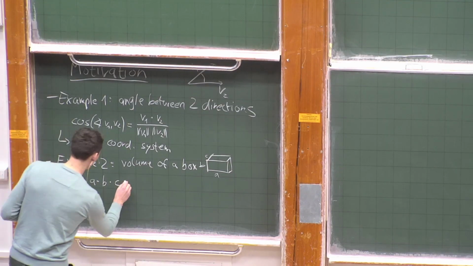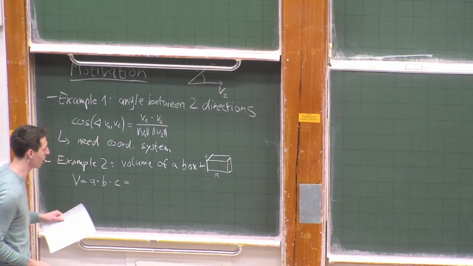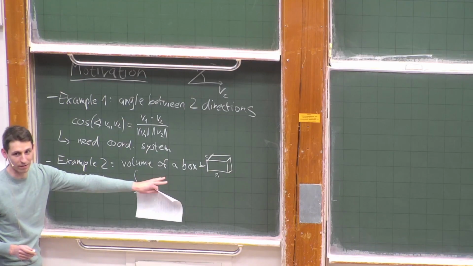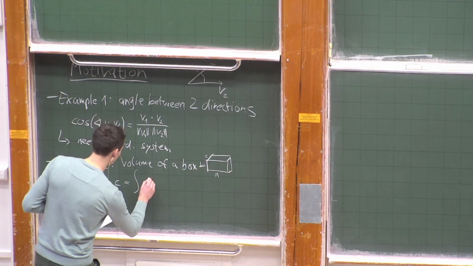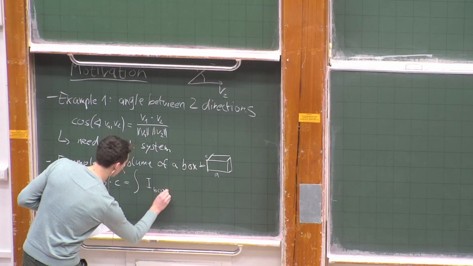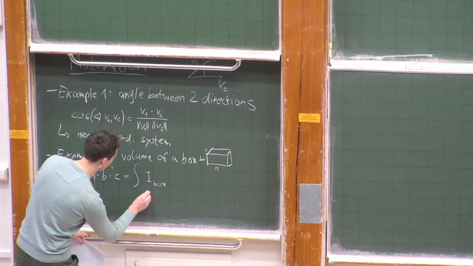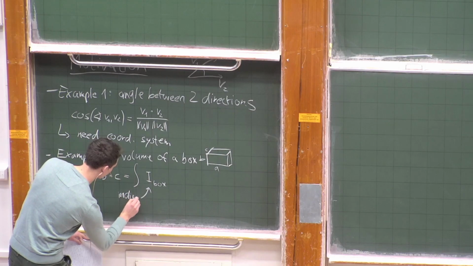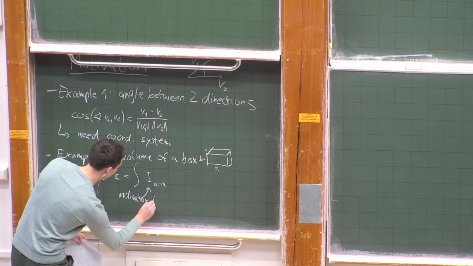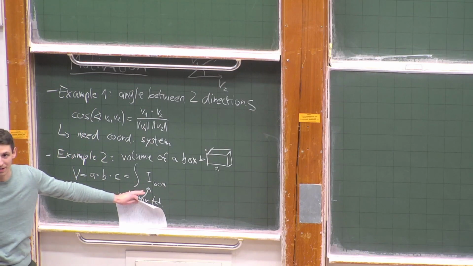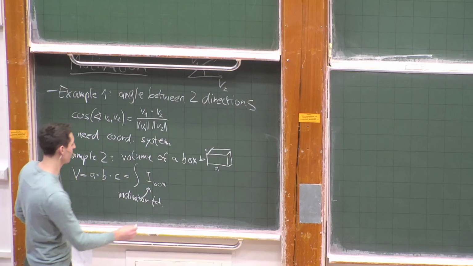Okay, so far so good, but actually what we're really doing is we're taking the integral. I mean, if this were a more complicated object, we're taking the integral over the indicator function which is 1 everywhere where there is the box and 0 everywhere else.